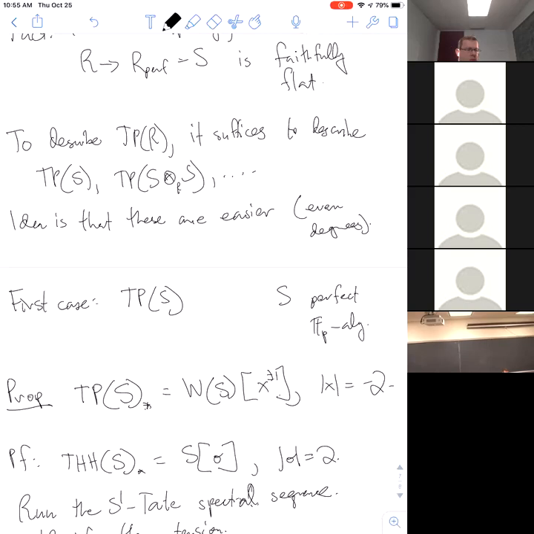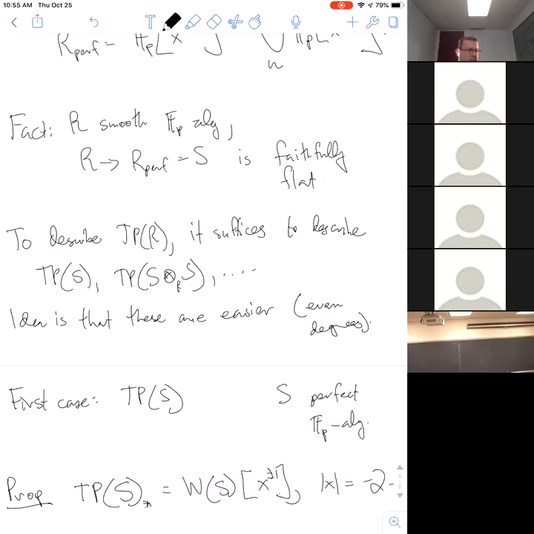So in fact, the way that you define the filtration is, I'll just say it now and maybe write it later. You just define it on TP of S, TP of S tensor_R S, and so forth. It's just a Postnikov filtration there. Because everything is in even degrees, you just use a Postnikov filtration.